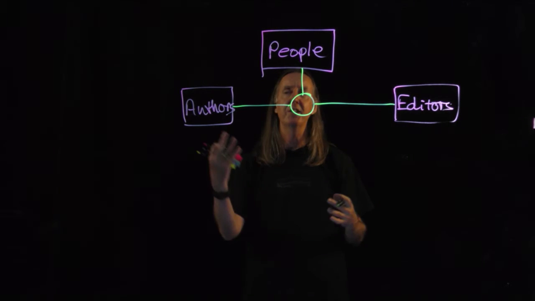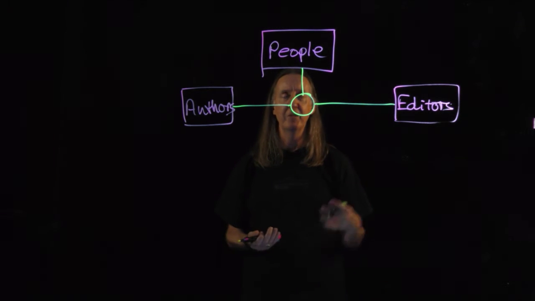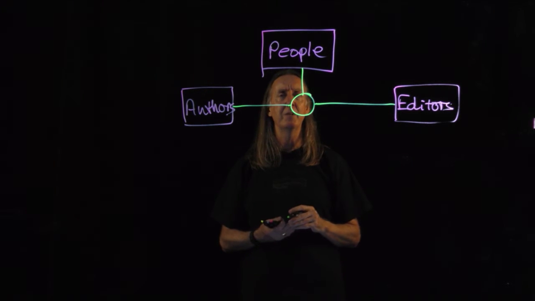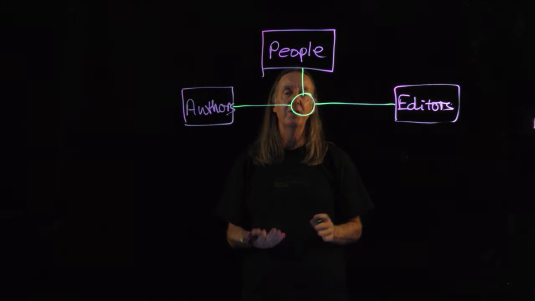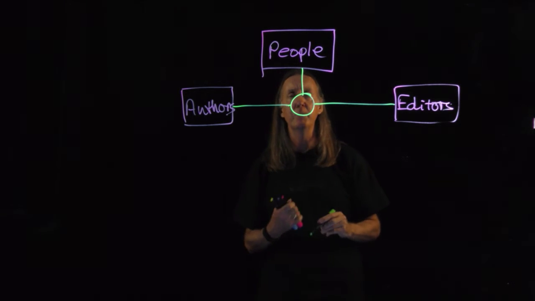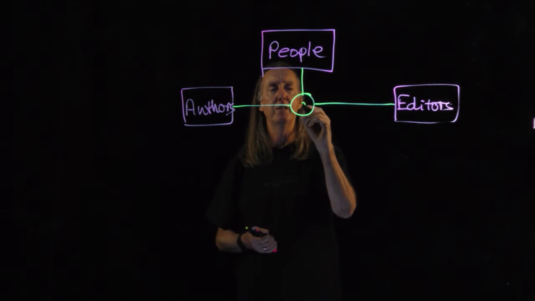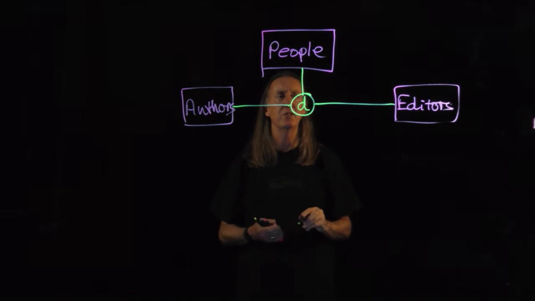In other words, can someone be both an author and an editor, or are author type people quite different to editor type people? And back in the requirements it said that the skill sets of an author is quite different to the skill sets of an editor. So the implication there was that they would be disjoint, which we indicate by putting a D in the circle.